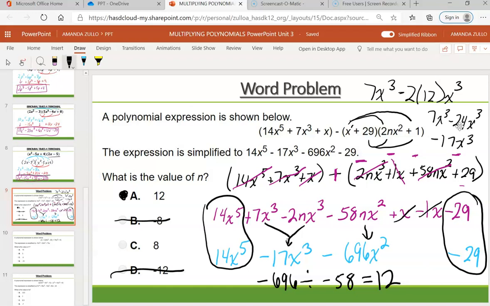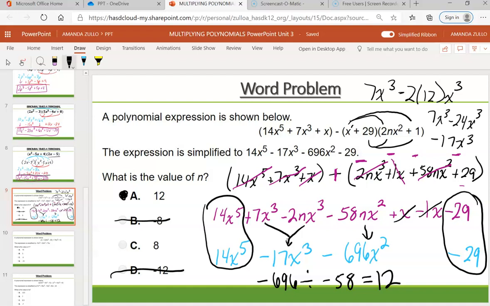Once you have them written down in descending order, underneath you're going to write what it gets simplified to, and you write it underneath their like terms. And then you see where you only have one arrow. See, there's two arrows here to the new simplified term, but here was only one.